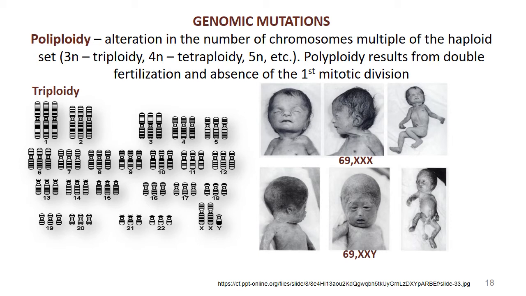Triploidy. A triploid individual has 3 of every chromosome, that is, 3 haploid sets of chromosomes. A triploid human would have 69 chromosomes, 3 haploid sets of 23.